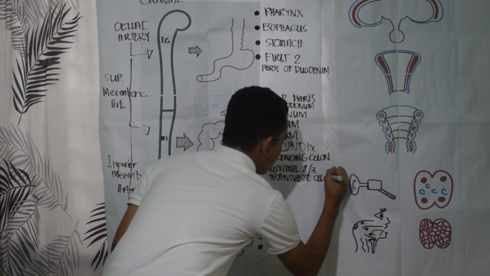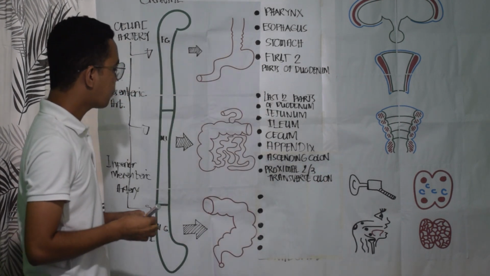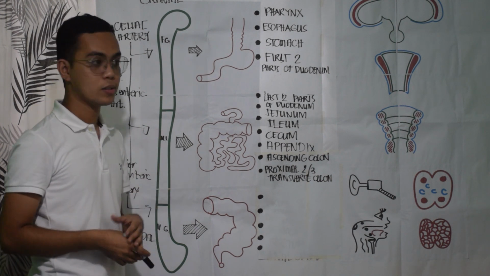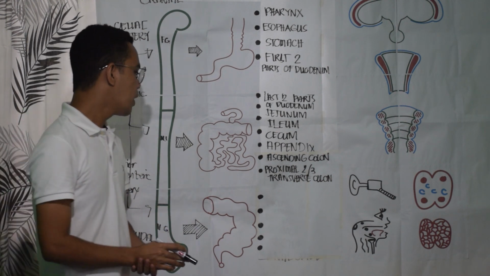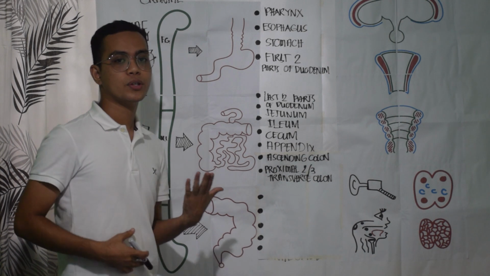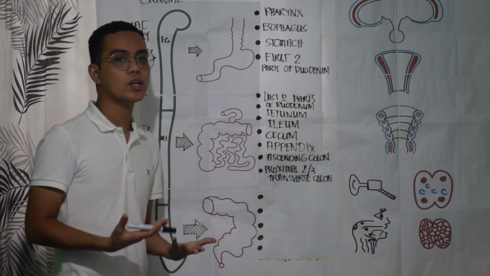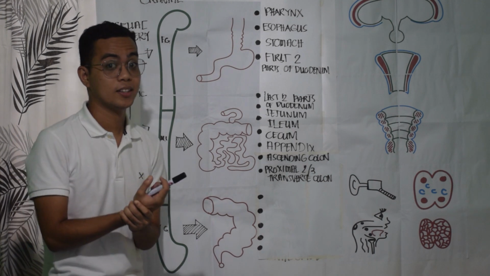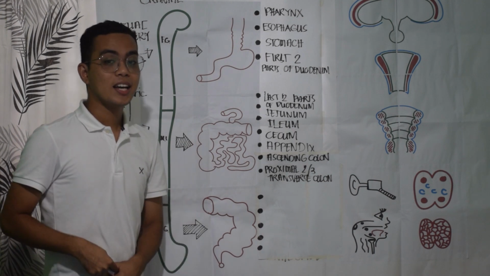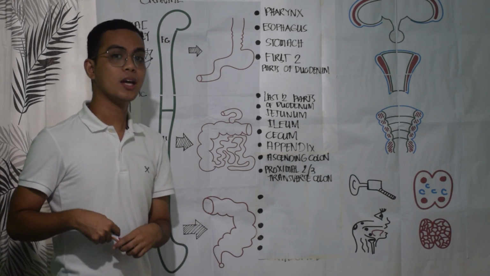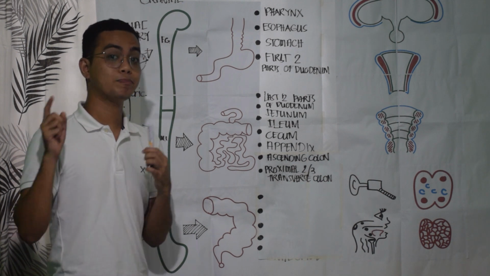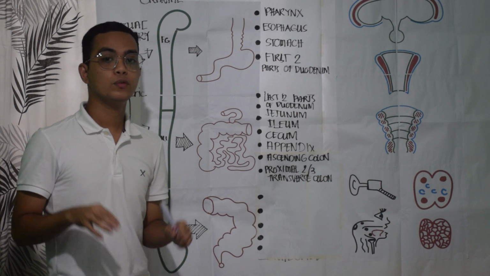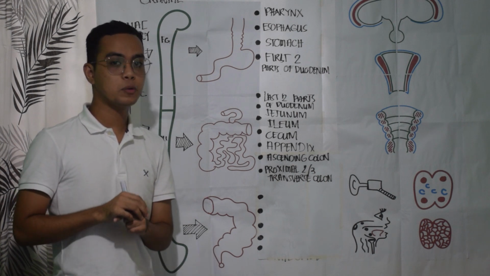Again, this is due to the arterial supply of these three divisions. Mark, why do your small intestine and colons have this convolution, or why are they intertwined? The answer lies in the midgut looping, in which your midgut rotates a total of 270 degrees.